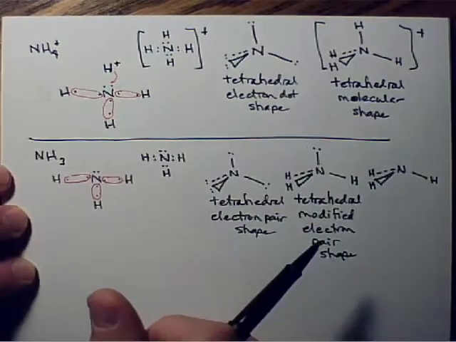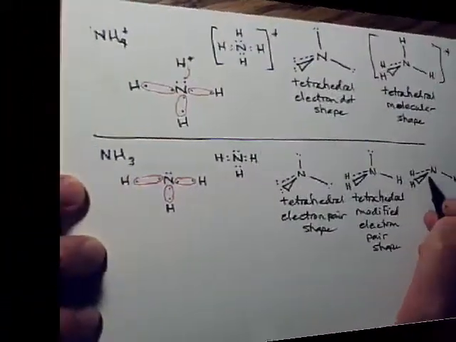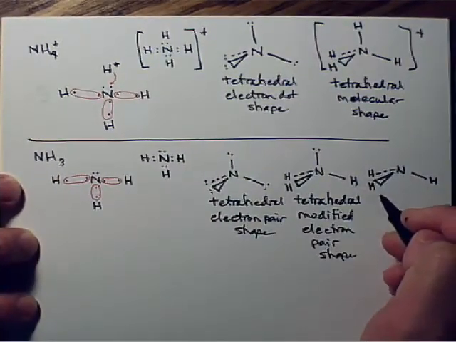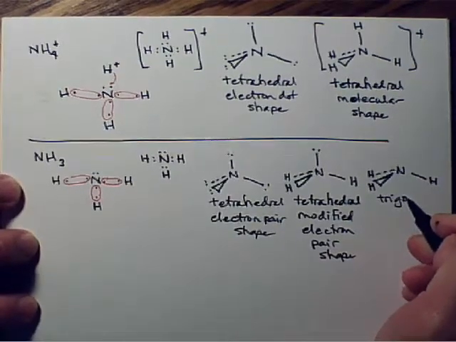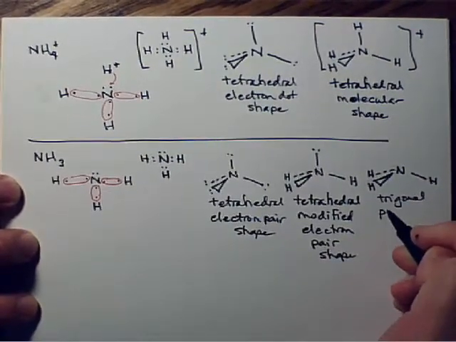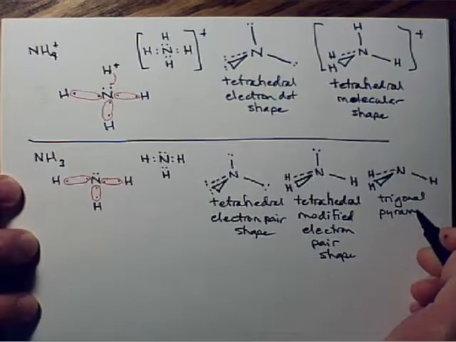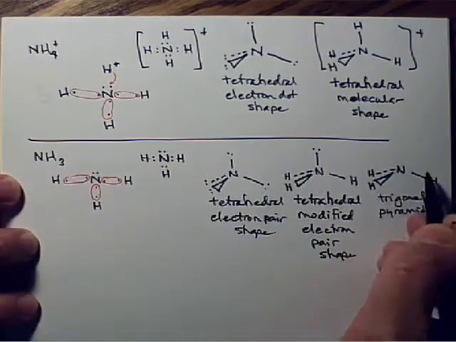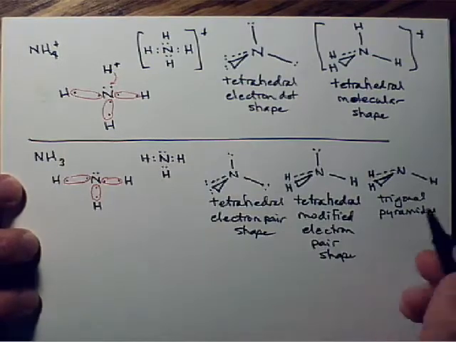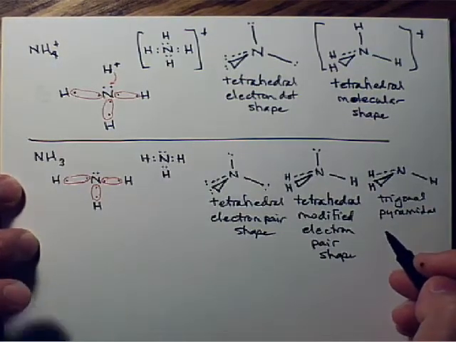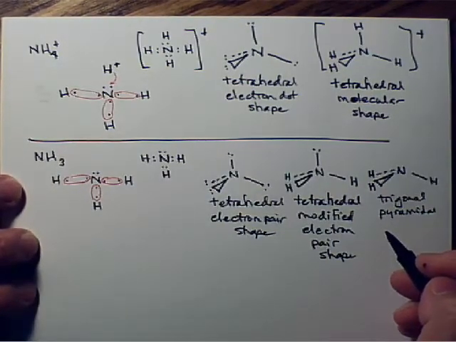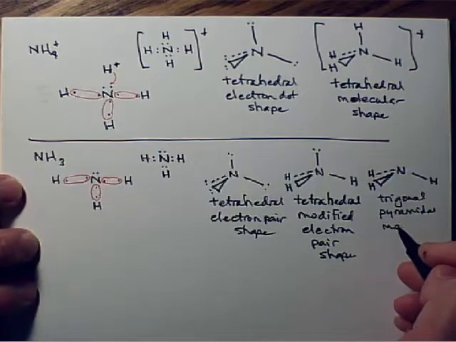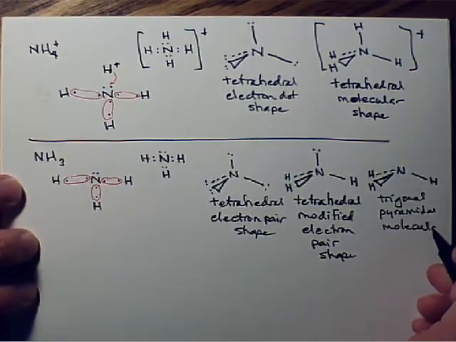So now that's not tetrahedral anymore. This is then called trigonal pyramidal. If you sort of joined up all the angles at the bottom, it looks like a pyramid. And this is not an electron pair shape. This is a molecular shape.